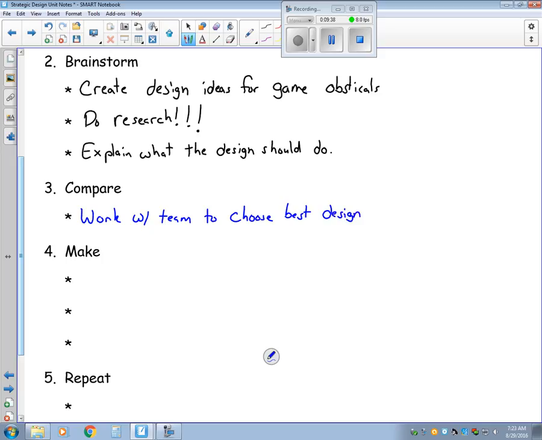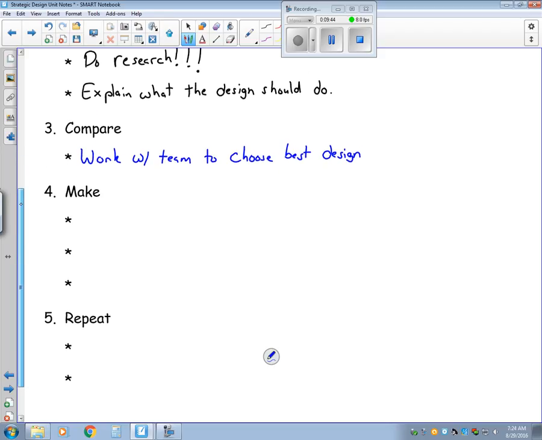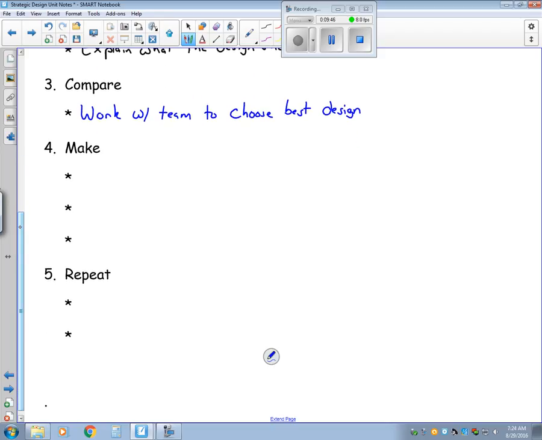Use your cost-benefit analyses to help you with this. Use good teamwork. Work well on a team to make your decisions.